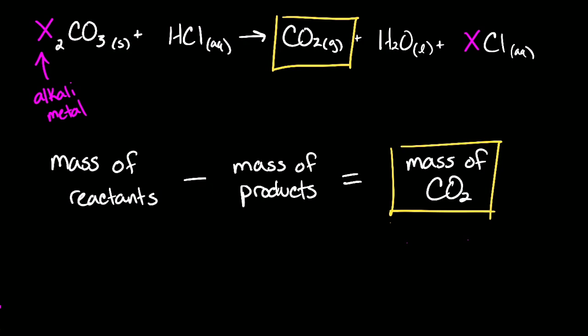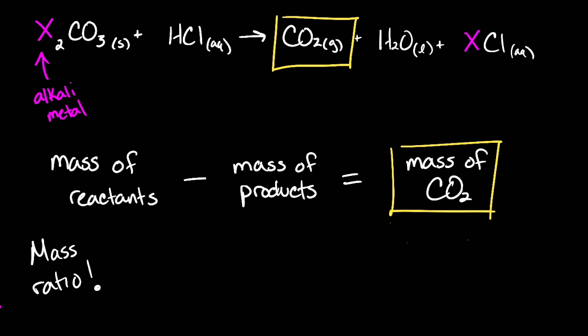But in this specific case, since we're producing a gaseous product, this carbon dioxide, if we do mass of the reactants minus mass of the products, the difference there is going to be the carbon dioxide that's lost through the reaction, right? That carbon dioxide is lost as a gas, which means it's going to bubble up out of the solution, come out of our flask, and we're not going to capture it and be able to measure its mass.